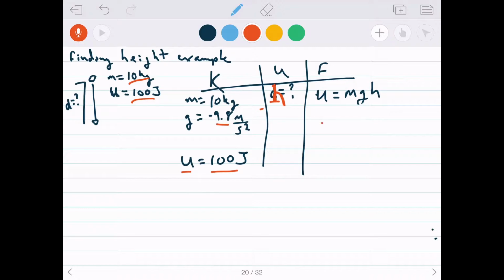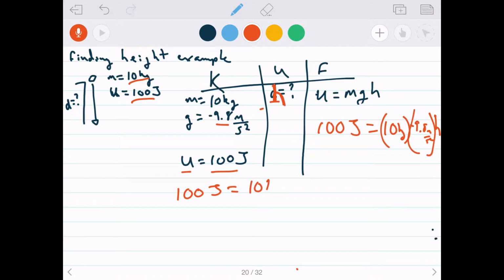Okay, so U is 100 joules equals 10 kilograms, g is negative 9.8 meters per second squared, and my height, which I don't know, H. I'm going to move it over here so we can see: 100 joules equals 10 kilograms times negative 9.8 times height.